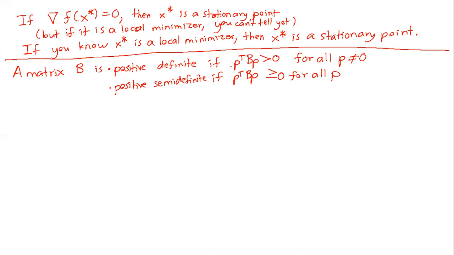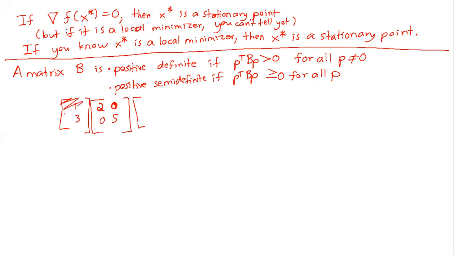The reason we define it in this way is that when you do p transpose B p, say we have a matrix that I know is positive definite, 2, 0, 0, 5. Let's say I take any vector, I don't know, 1, 3.